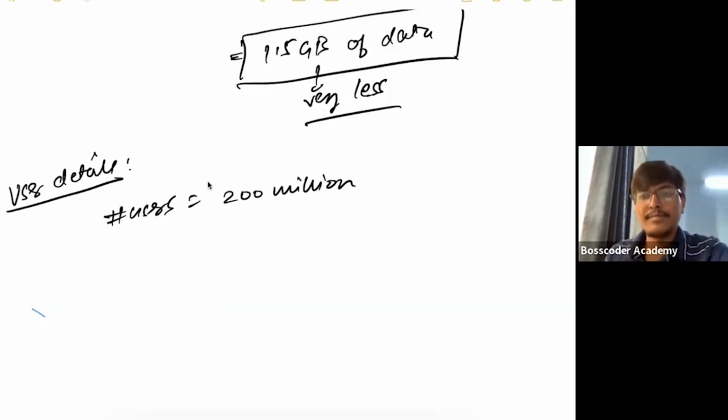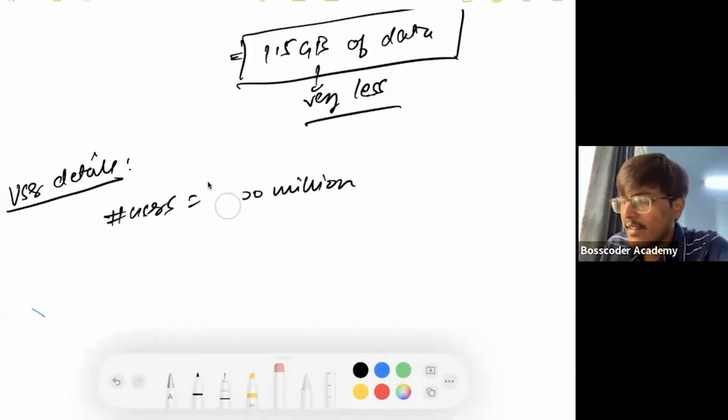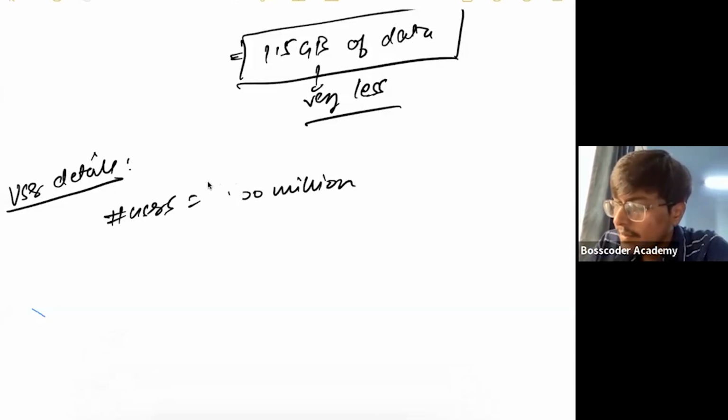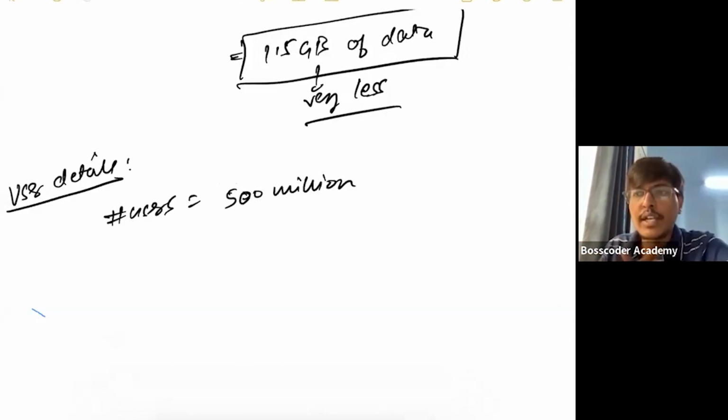And it might change. So let's take 500 million and talk about based on that. You will have this idea when you are in an actual company.